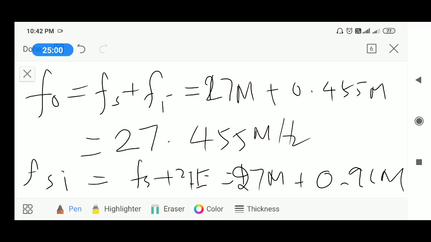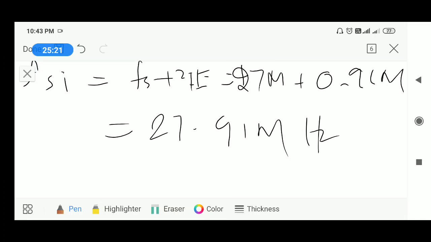The image signal frequency is equal to Fs plus 2IF, that is 27 mega plus 0.91 mega, because 2 into 0.455 becomes 0.910 or 0.91. Final image frequency value is 27.91 mega.